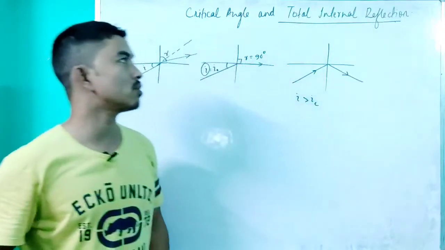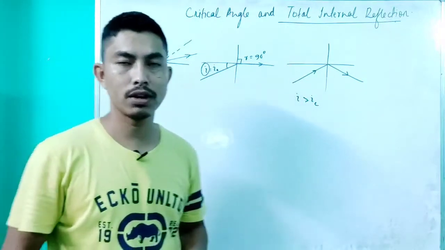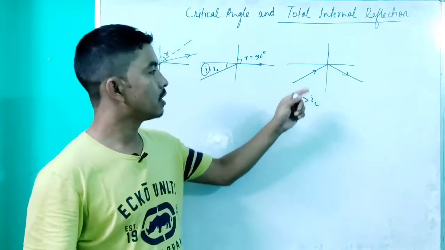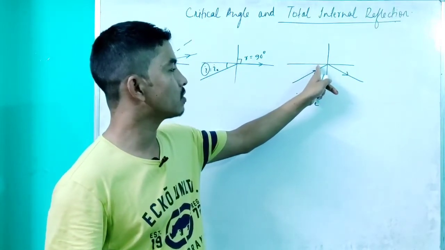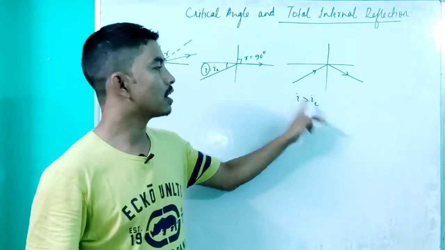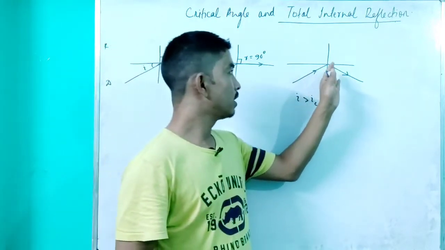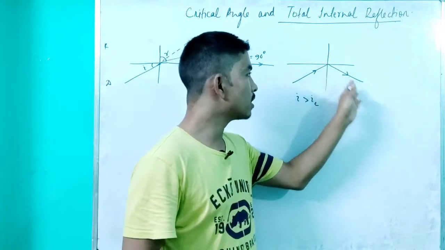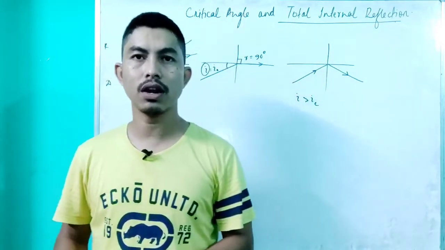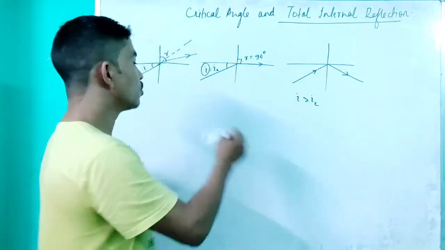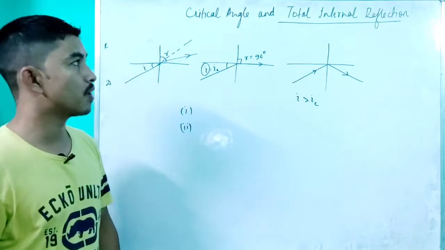So how can we define total internal reflection? Total internal reflection is a phenomenon in which a ray of light traveling in a denser medium is incident at the refracting surface with an angle greater than the critical angle for the pair of media, and the ray of light is completely reflected back into the denser medium. Now there are two very important conditions for total internal reflection to occur.